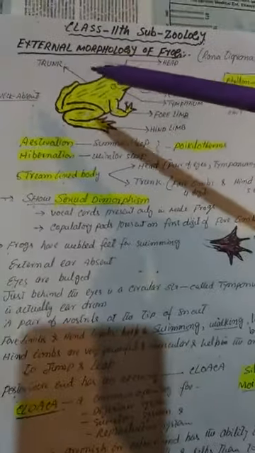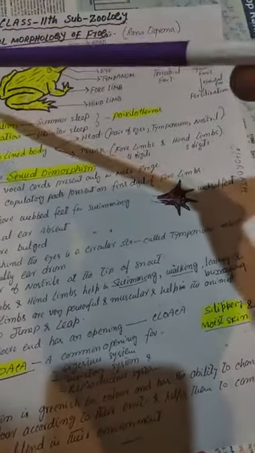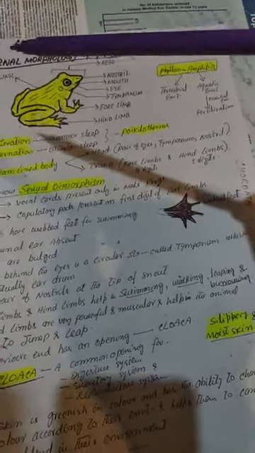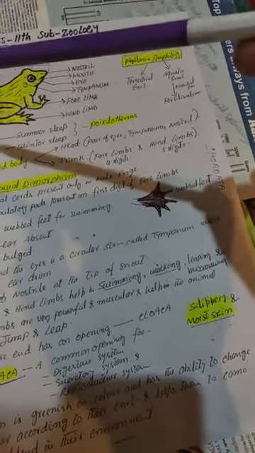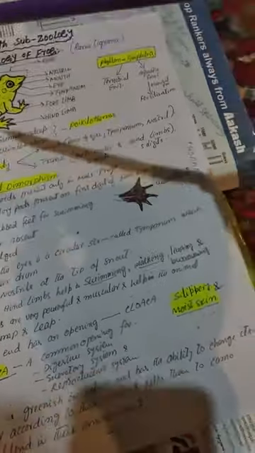The skin of this animal is greenish in color and has the ability to change its color according to the environment and helps them to camouflage or blend in with the environment.